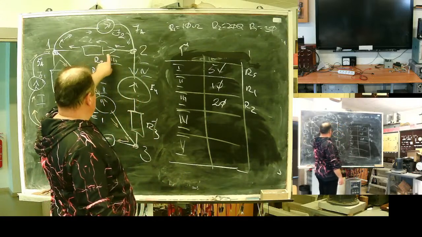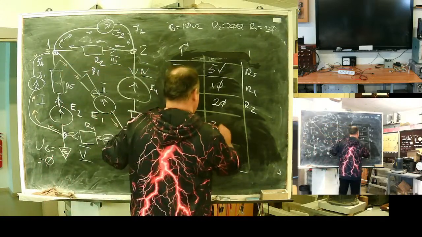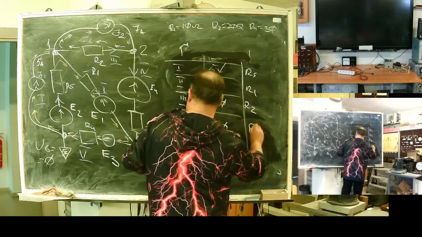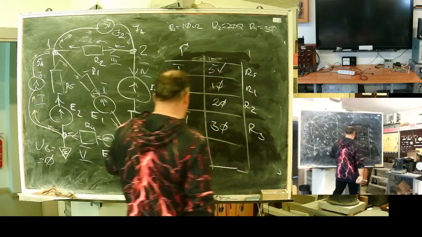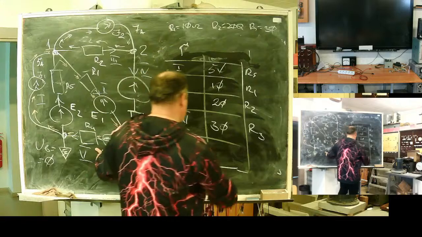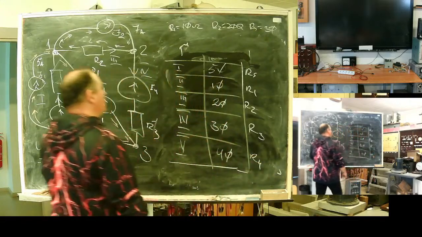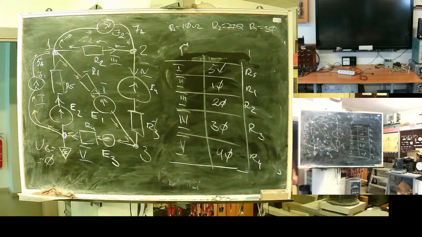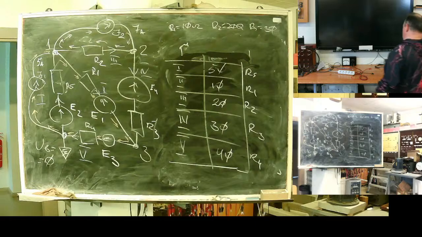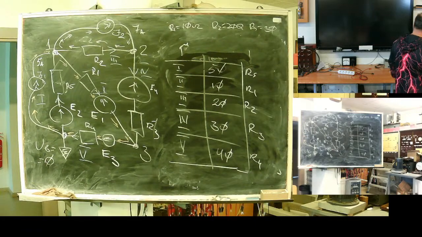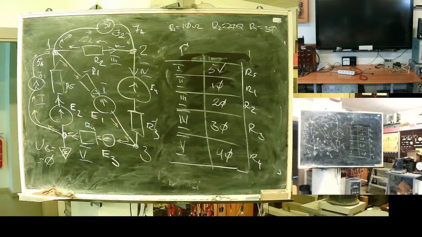Fourth, R3. And fifth, R4. So here is the vector of resistances. All resistances are accounted for. Complete resistance matrix.